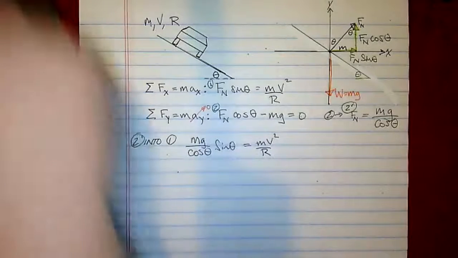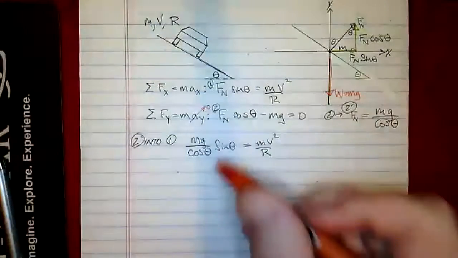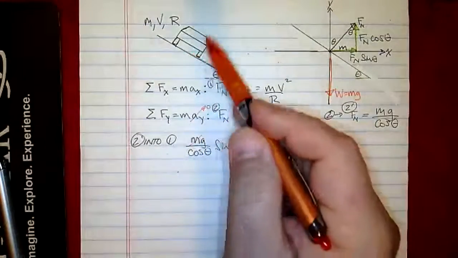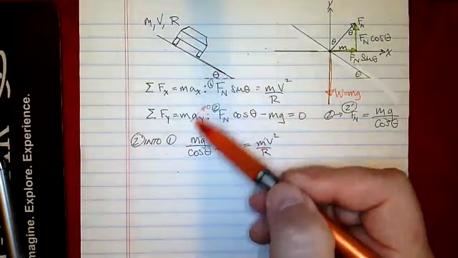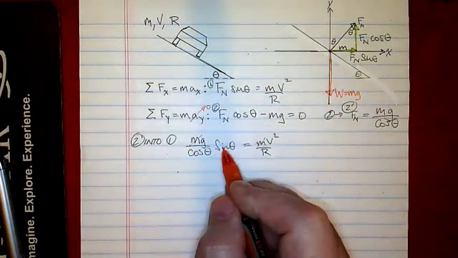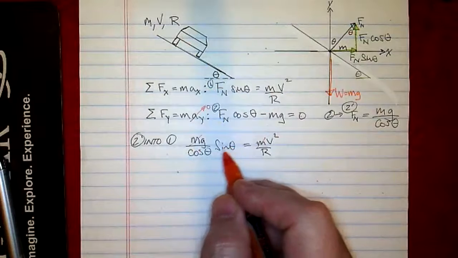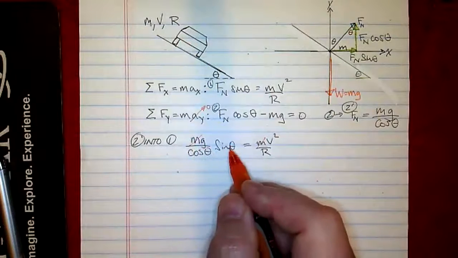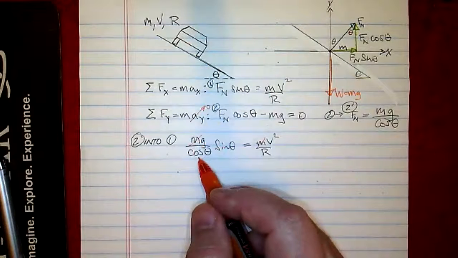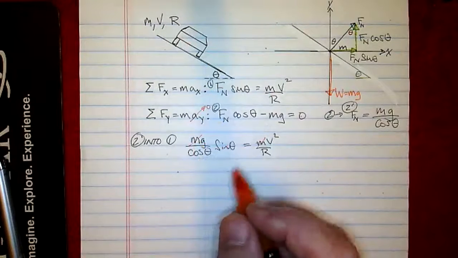One thing you should be able to see is that immediately the masses on the two sides cancel out. So that's good because we don't have to do a different angle, whether it's a Mack truck or a Volkswagen Beetle or whatever. So it's independent of mass, in other words. The other thing we might see is that sine, this is really in the numerator, right? Because you're multiplying it by a fraction, so you can write it over 1. So I actually have mg times sine over cosine theta, but sine over cosine is just tangent.